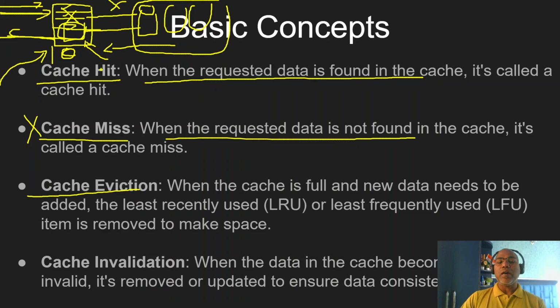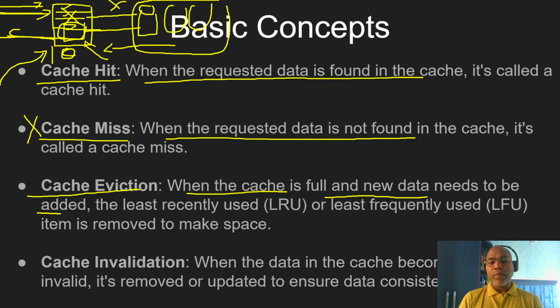In this scenario, we have to think: because our cache storage is limited, we can store only a limited amount of data. So some data we have to pull out and some new data we have to put in. This is known as cache eviction. When the cache is full and new data needs to be added to the system, then we have to apply some kind of cache eviction algorithm.